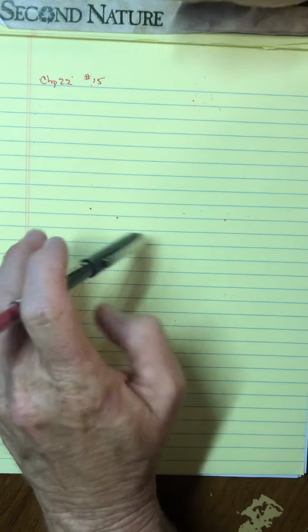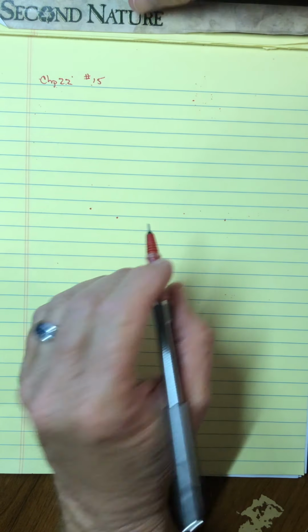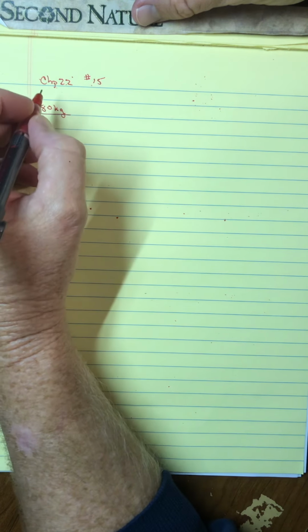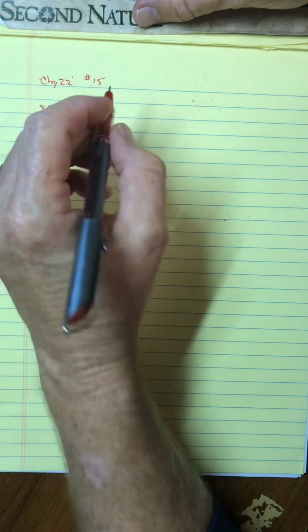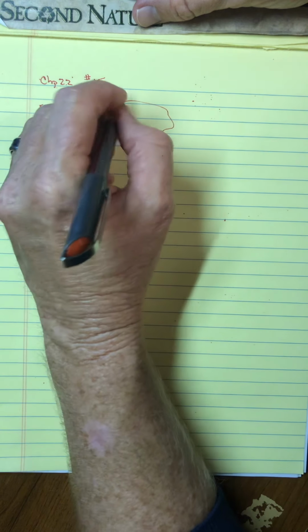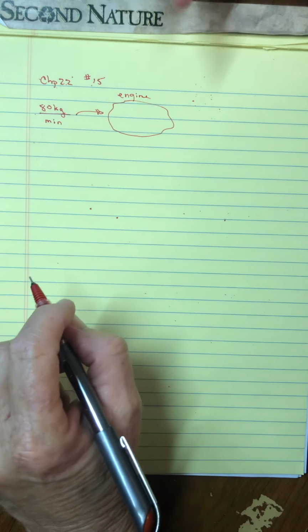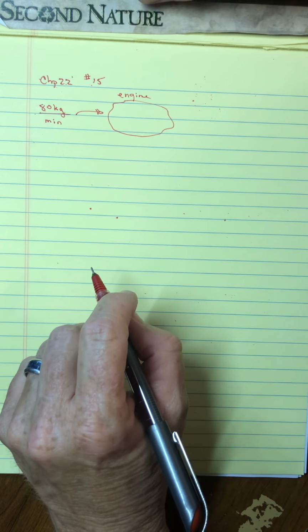All right, so in 15, it says argon enters a turbine at a rate of 80 kilograms per minute. So there is the flow rate into our engine. Now that's also telling us how many moles there are, so keep that in mind.